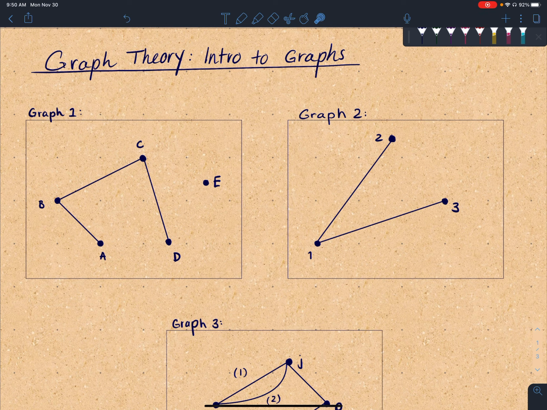So first of all, looking at a graph, you have these vertices. Sometimes you may see them referred to as nodes. These represent things. They could represent people, they could represent objects or cities, places, that kind of thing. So we'll just write that in there.